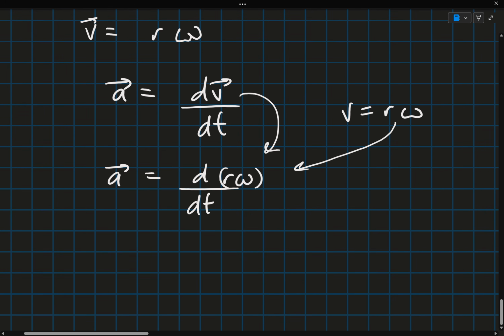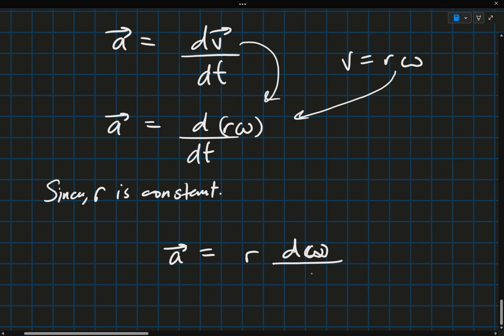Since r is constant, because we're just looking at uniform motion, r remains constant. a is equal to r d omega over dt.